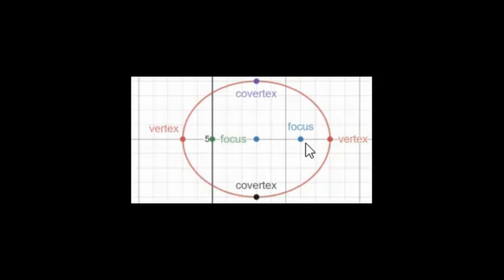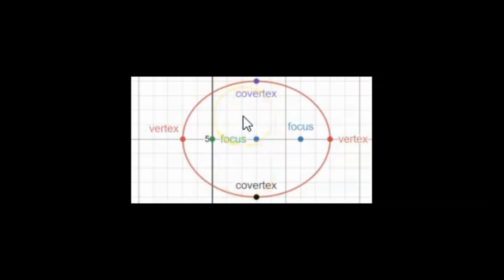The larger value, wherever it is, so if the larger value is underneath the x, that means that the longer side is going to go the same way the x does, left to right. If the larger value is underneath the y, that means that just like how the y goes up and down, the longer side will go up and down also.